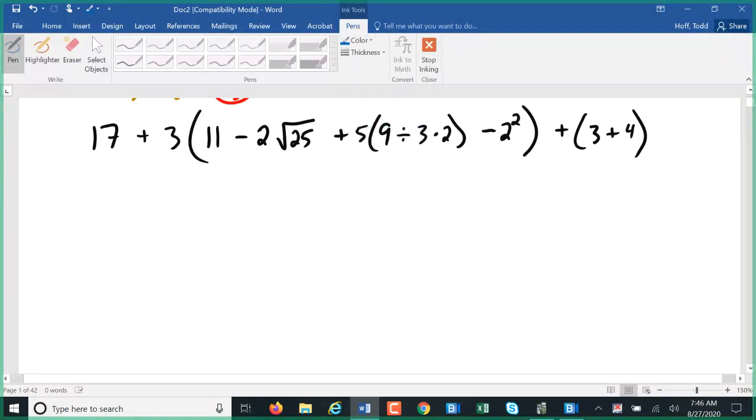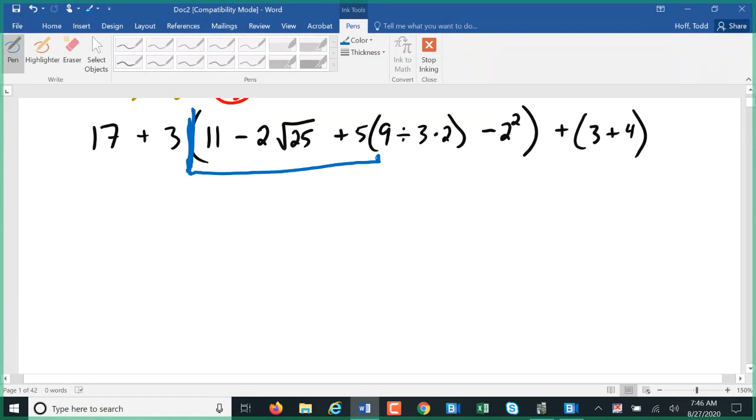So our highest level of priority is enclosing symbols. Here we have multiple sets of parentheses. So as I said, we will go left to right. Going left to right, this is our first set of parentheses. They come in sets, so we need to find where the other end of it is.